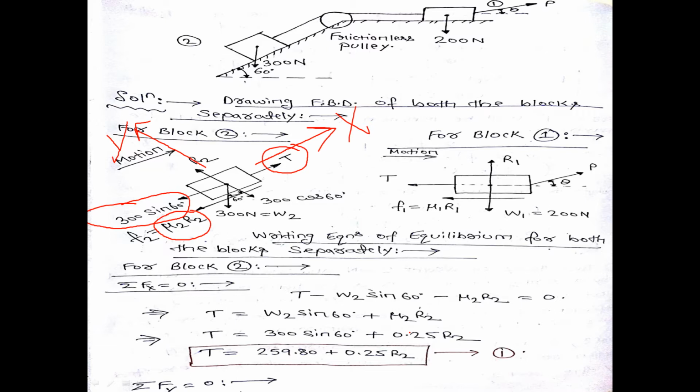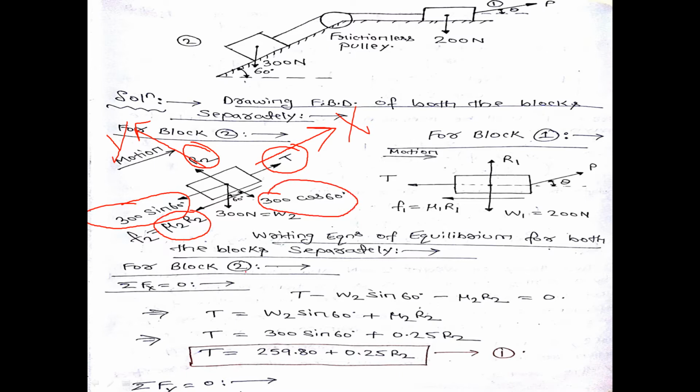Similarly, we can find summation Fy equal to 0. Then I can write plus R2 minus 300 cos 60.